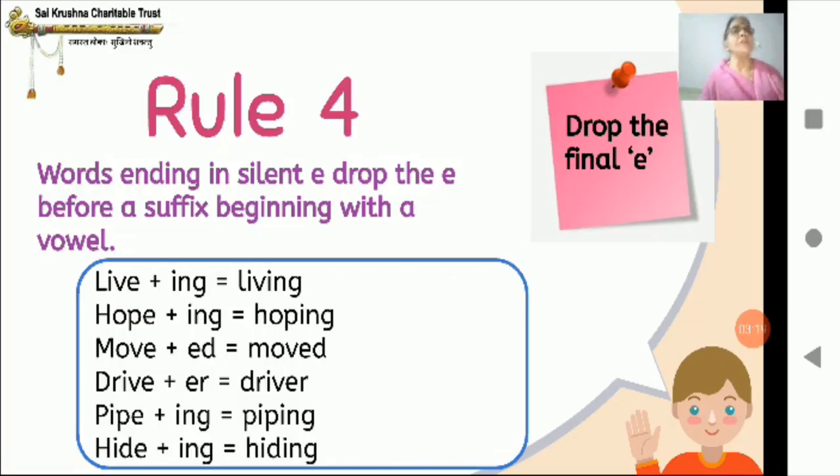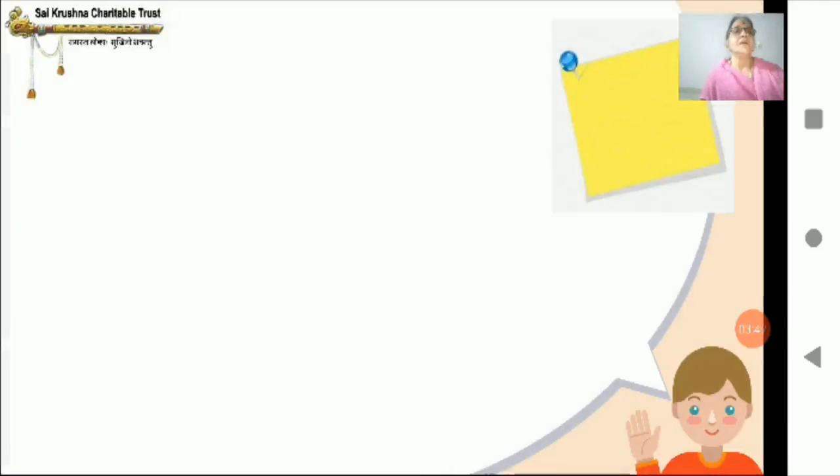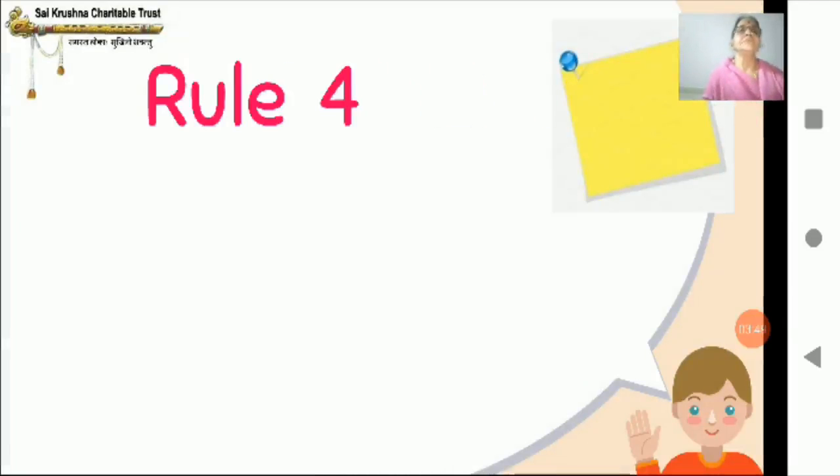If you open up your dictionaries, children, and start looking for these words mentioned here, you will come across many more words and you will see how they are being changed the moment you add a suffix to it, like ing or ed. That's why we have given you a lot of examples here to make the concept clear. Is that clear, children? Okay.